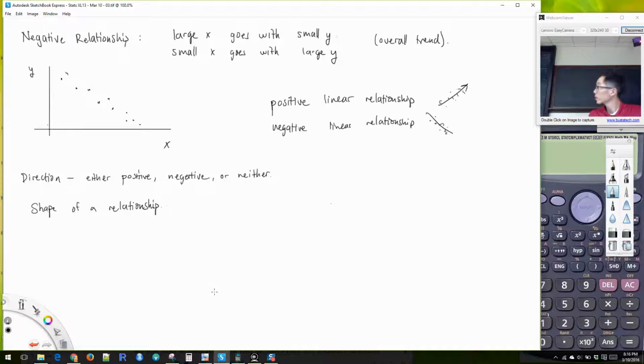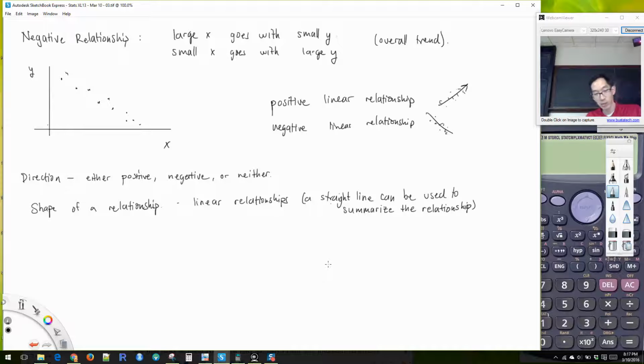As far as shape goes, we will concern ourselves either with linear relationships, which means a straight line can be used to summarize the relationship, and then everything else we're going to call nonlinear relationships. So if a straight line can't be used, we're going to call it nonlinear.